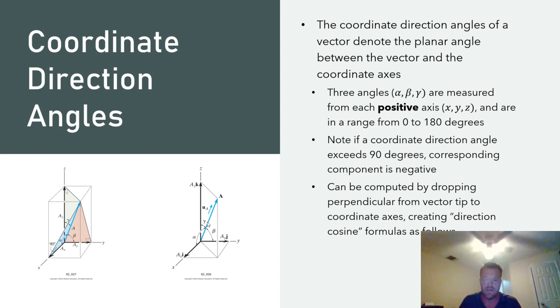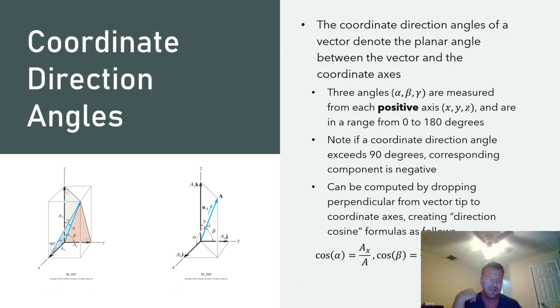In addition, you can prove this to yourself by just drawing some pictures: if you have a coordinate direction angle that's greater than 90 degrees, that is telling you the component of that vector is going to have a negative sign. And just like everything, the way that you find these is by dropping perpendiculars and doing right triangles. In this case, you're going to get a term that involves the cosine function, and it's probably something that you may have heard before.